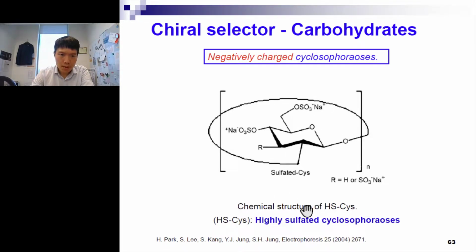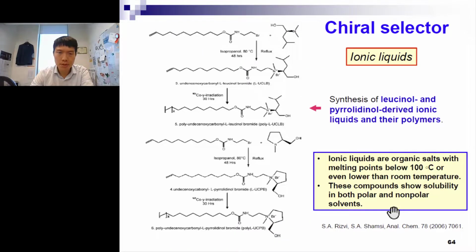Okay, here it is. Next we have ionic liquid. As we talked about just now, these are very special compounds that have both a charged group and also a hydrophobic tail. Therefore, as a whole, this is unlike an ionic salt like sodium chloride, with a melting point of a few hundred degrees Celsius.